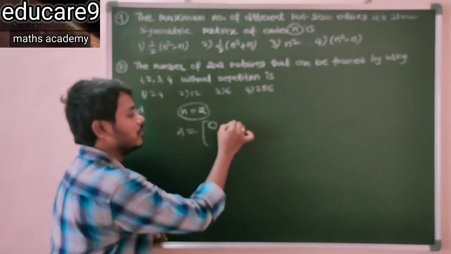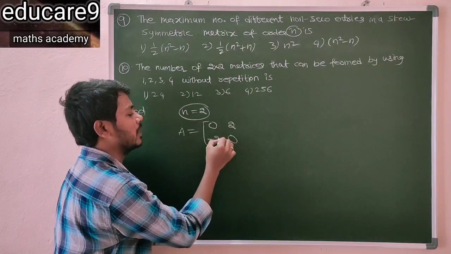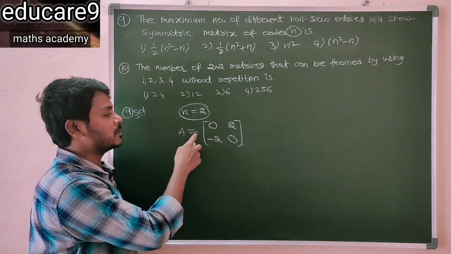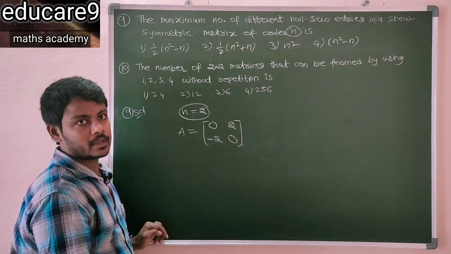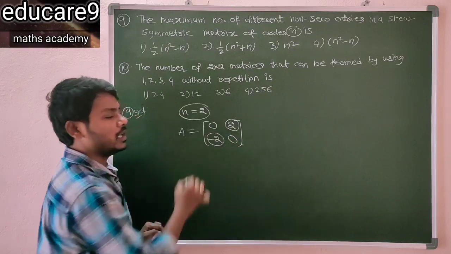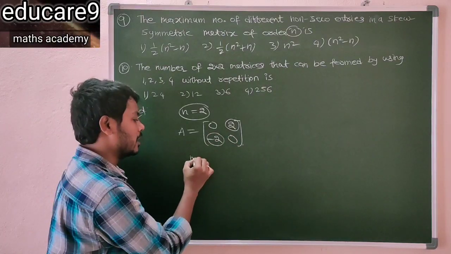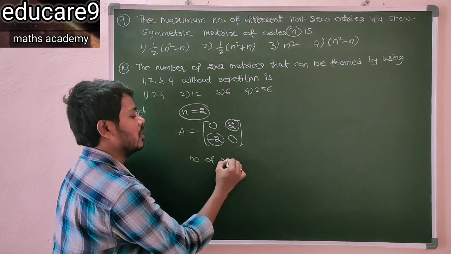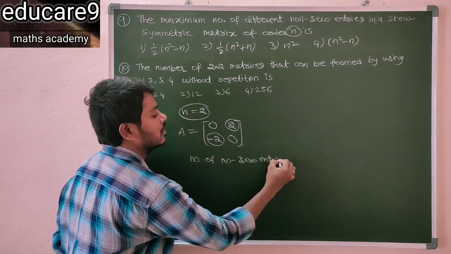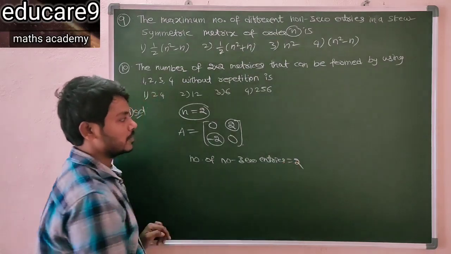And here, for example, 2 is there, here minus 2. Now clearly A transpose is minus A. And here the number of non-zero entries is equal to 2.